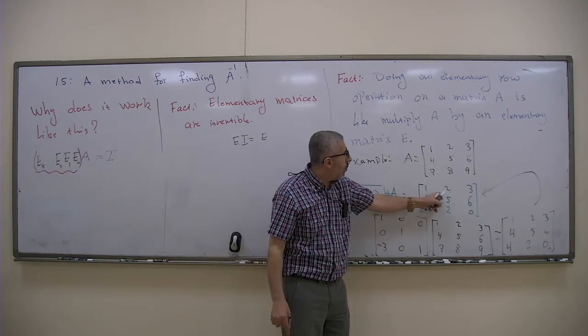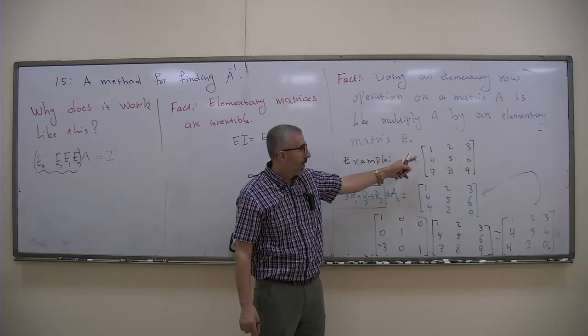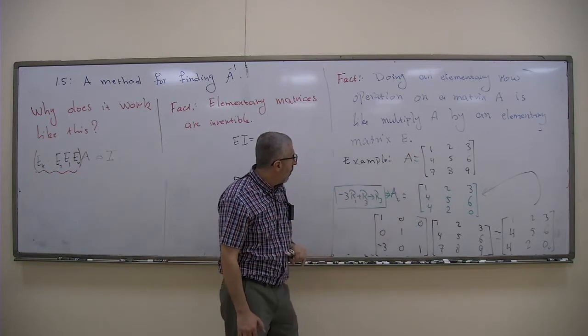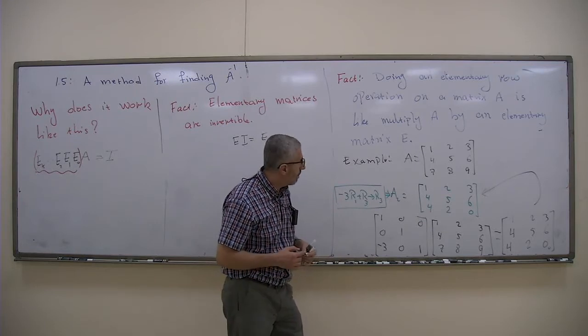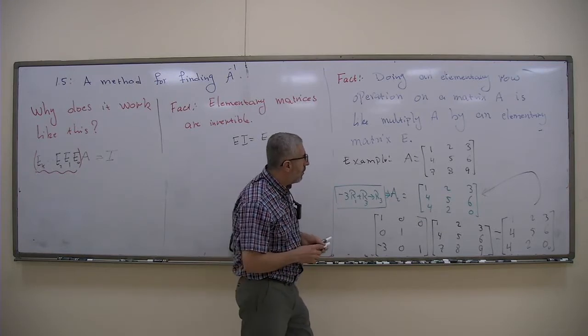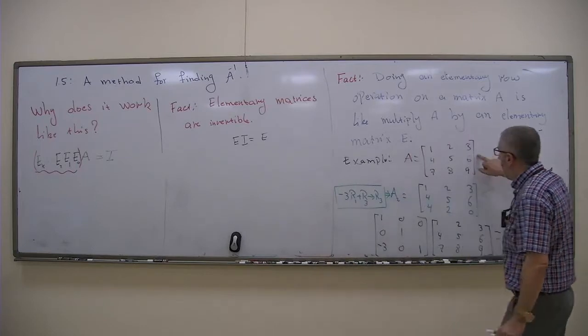Now, can we reverse this? What does it mean we reverse this? Well, instead of multiplying by -3, what do we do here? I want to reverse this back to this.